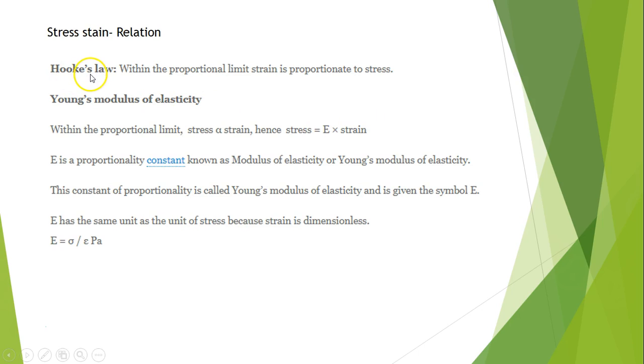Based on Hooke's law, we can get a relation between stress and strain. Hooke's law says that within the proportional limit, which is the linear part of the graph, strain is proportional to the stress.